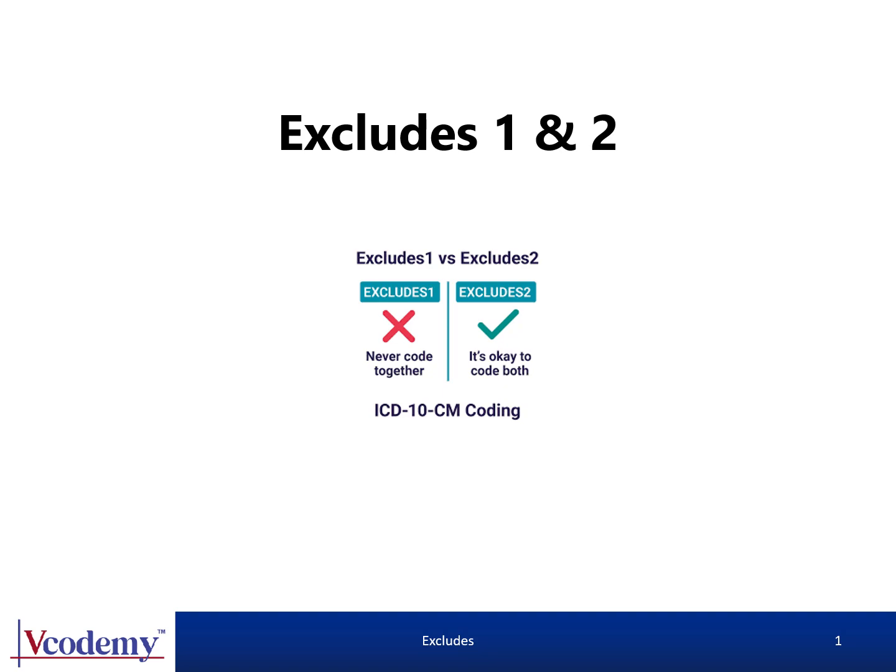There are two types of exclusion classifications that flag potential conflicts in coding. These notations are critical to understanding why certain codes on a claim may be considered incompatible by payers, resulting in denials.